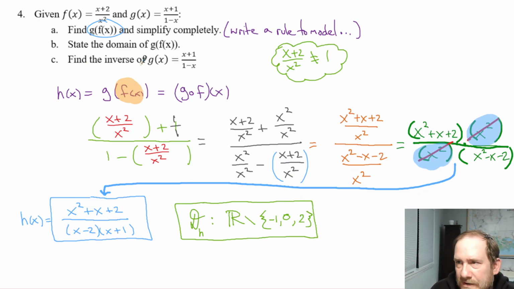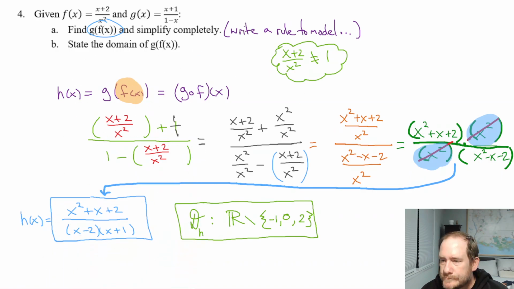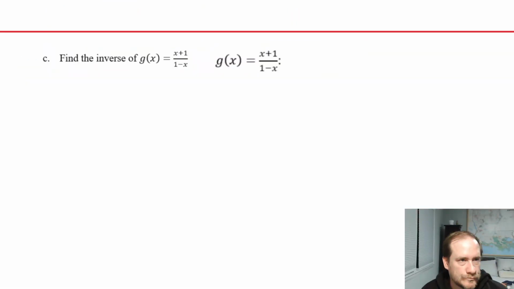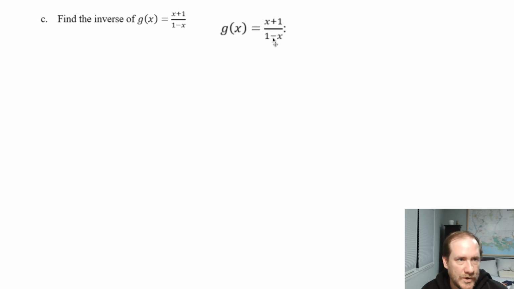And then part C says find the inverse of function g. Okay, let's do it. So that's g. Oh, I guess I didn't need to do that because there's g right there.